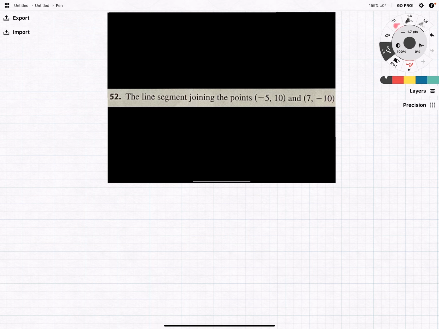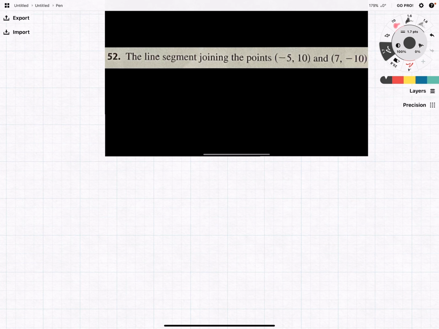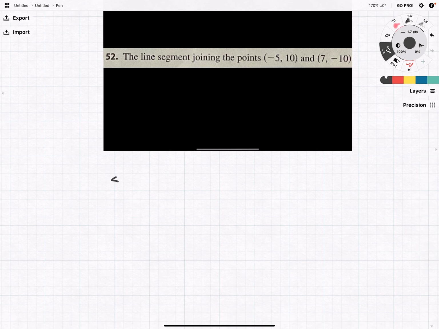Similar to last problem, number 51, we're going to use two different forms: point-slope form and slope-intercept form. I'll write those right now at the top, just so we can see what they look like. We'll start with point-slope form first.